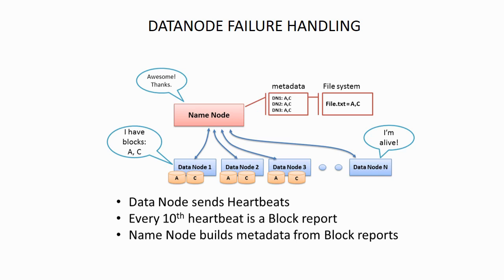So if the name node does not receive the heartbeat for a while, it assumes that the data node is dead, and whenever it receives the block report, it rebuilds the metadata file, and then when it knows that the data node has died, it tries to replicate all the data that were on that node to the other surviving nodes.